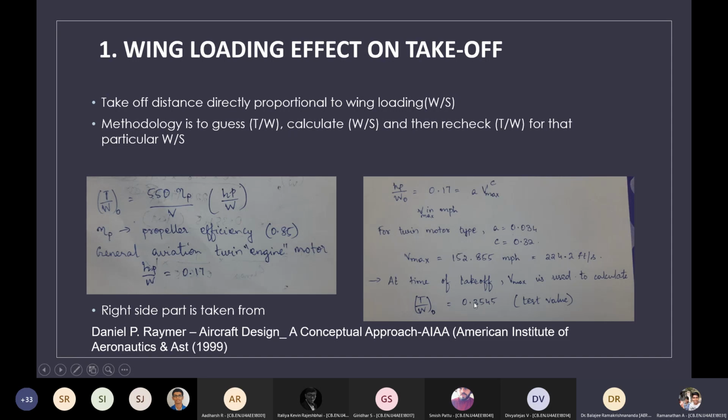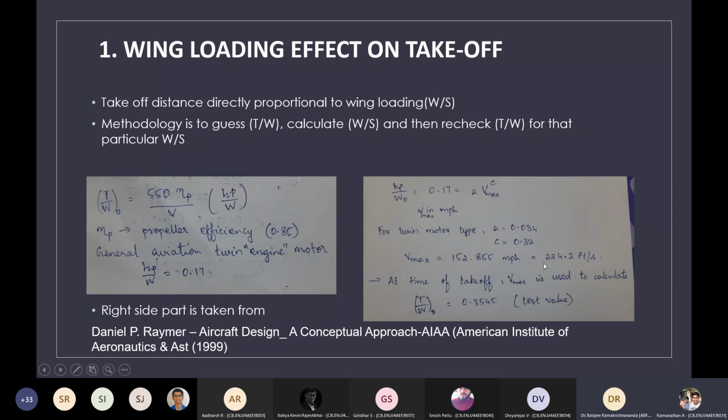Yes, how is it greater than HP by W on the left hand side? On the left hand side, you have HP by W 0.17. Right hand side T by W is 0.35, which means that your velocity is just 0.5. Sir, actually, if you are using feet per second, then for the conversion unit, it comes out to be 375 over here, sir, not 550. HP by W is just a ratio, no?